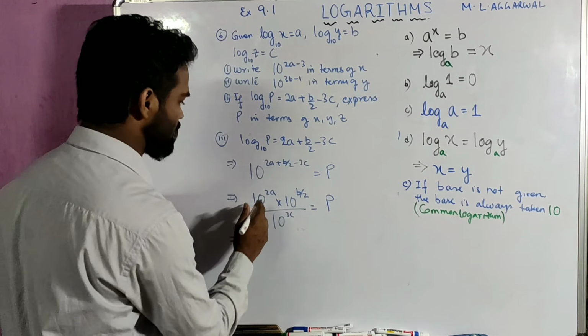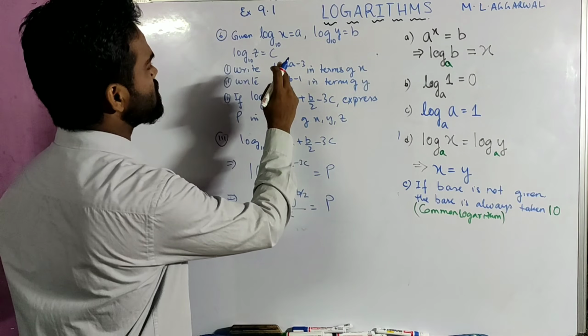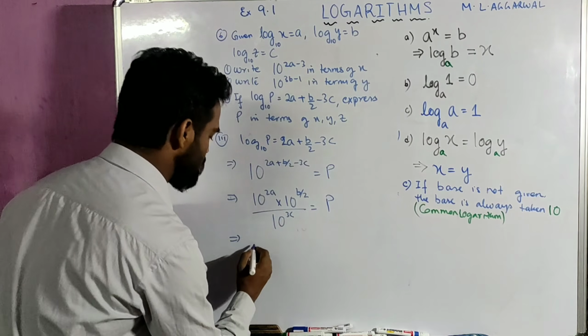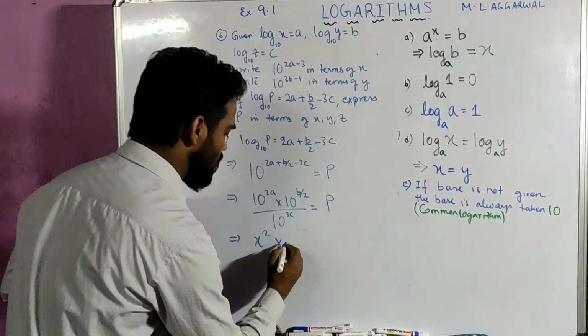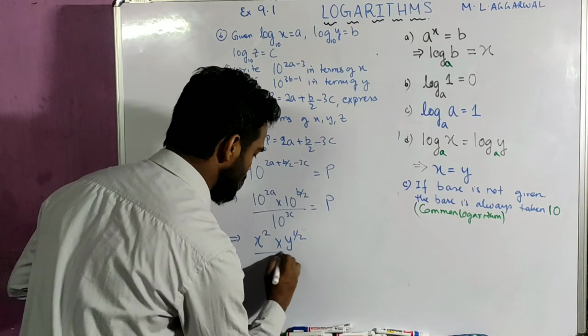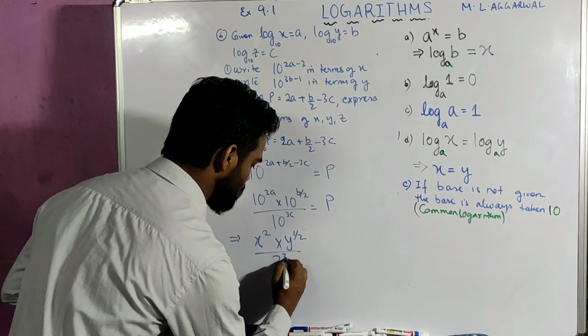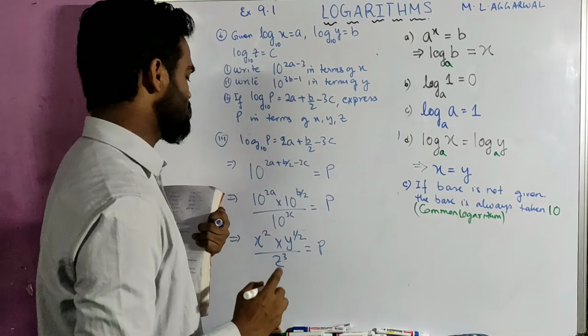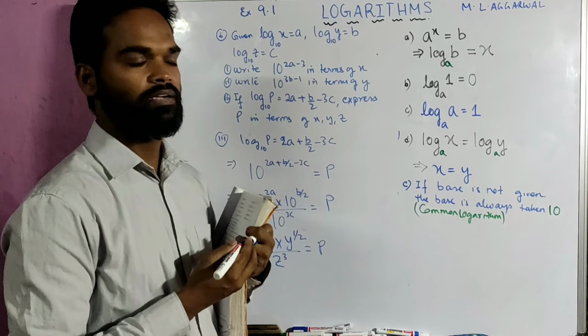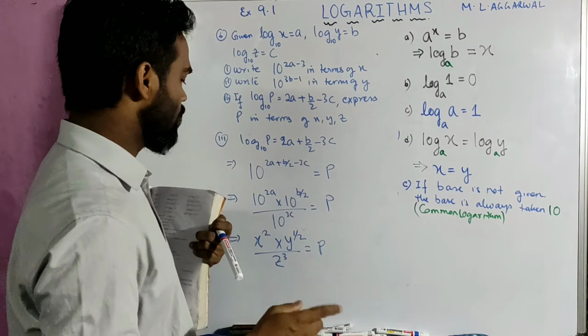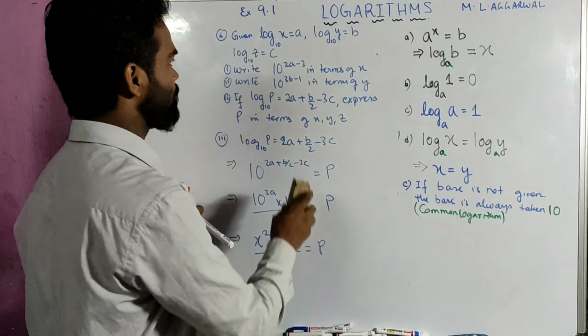Now look carefully. 10 to the power a is your x, so this becomes x square into, this becomes y to the power half, and this becomes z cube. We have already done. So your p is x square multiplied by y to the power half divided by z cube. Okay.